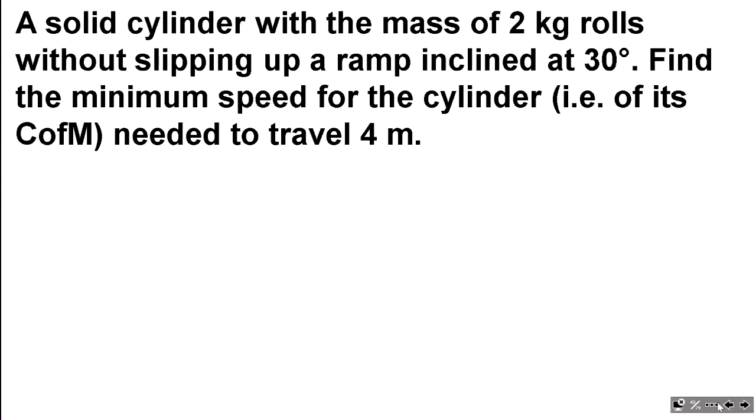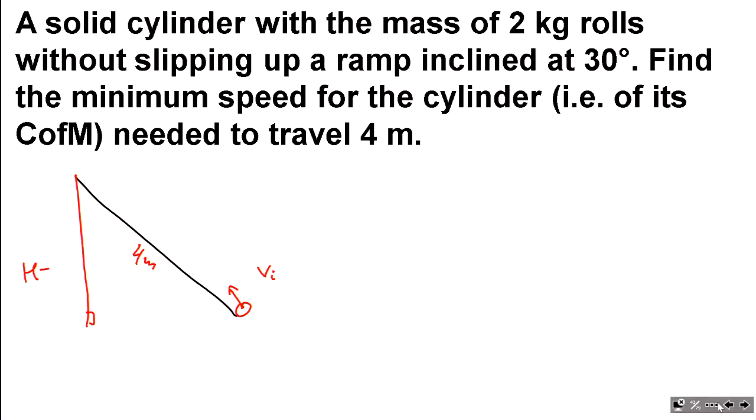Now, of course, we roll it up the ramp. It's the same ramp, so the distance traveled is the same. And now we are looking for the initial speed of the center of mass.